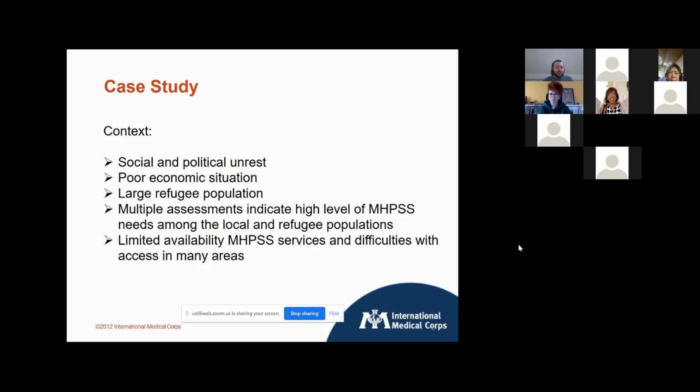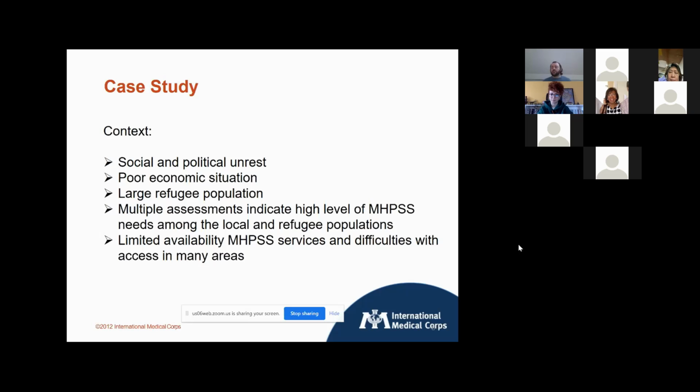There is a lot of information and data available within Lebanon regarding the MHPSS needs within the country. Numerous assessments have been carried out by international and local agencies, as well as the Ministry of Public Health and the National Mental Health Programme.